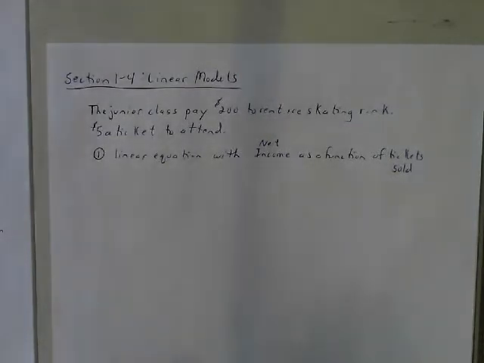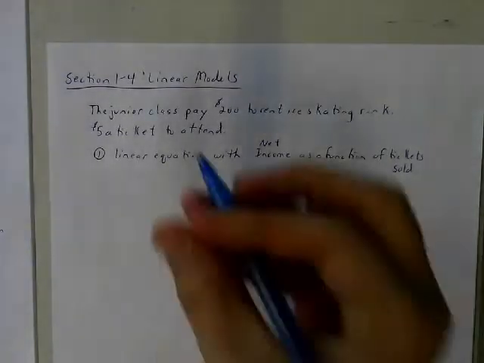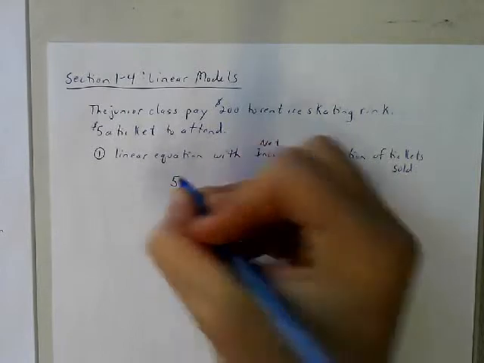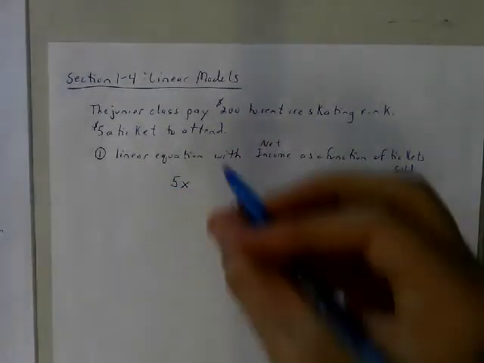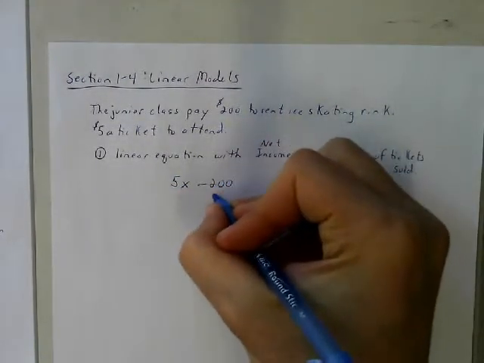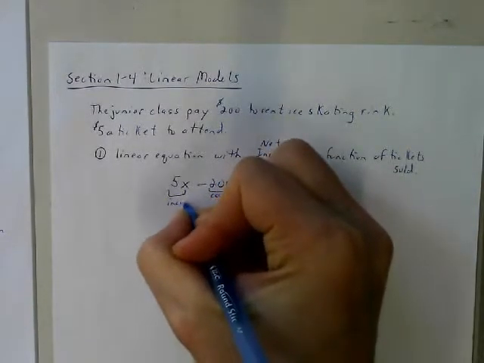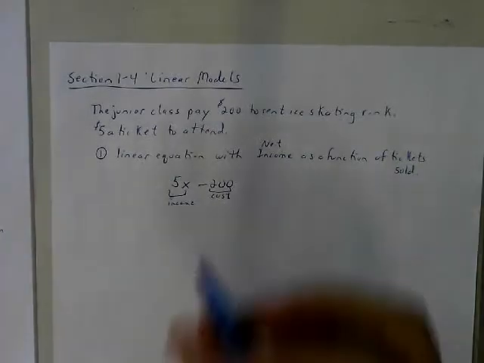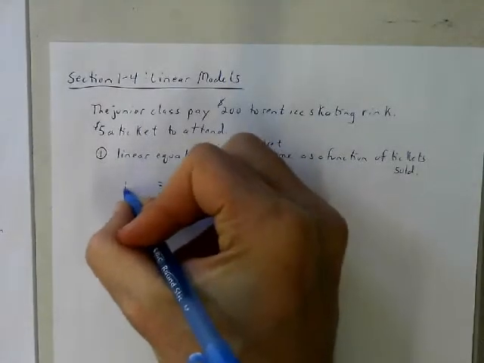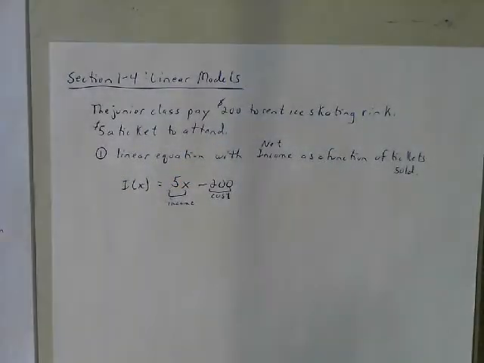So this should be pretty straightforward, and that is $5 a ticket, and then you subtract the cost. So there's the cost, there's the income. So that should give us a net income, which I'll call I of x.